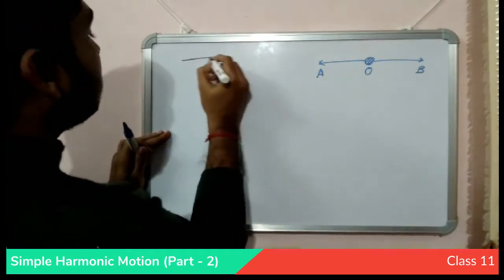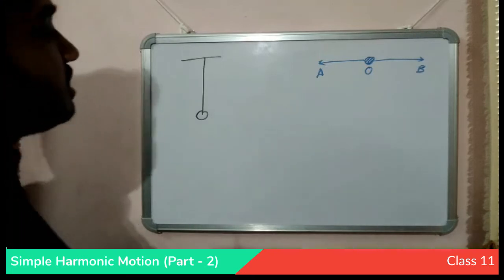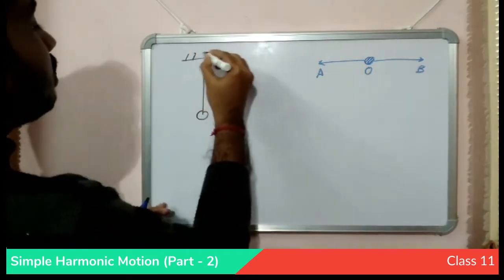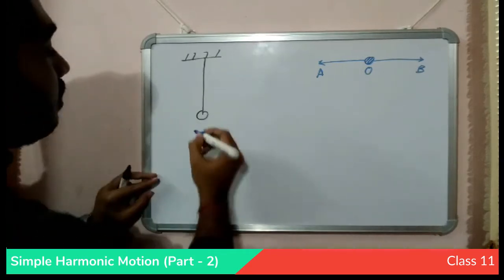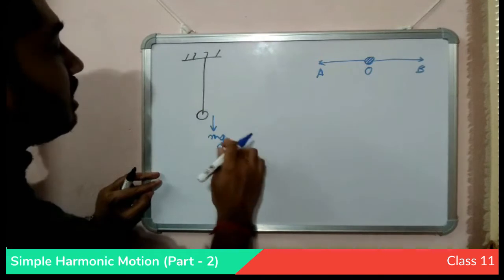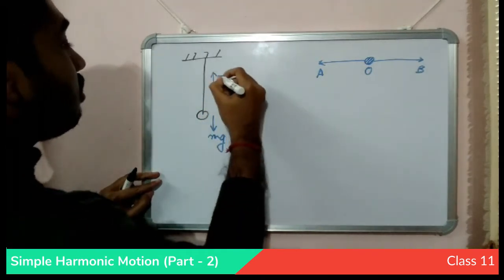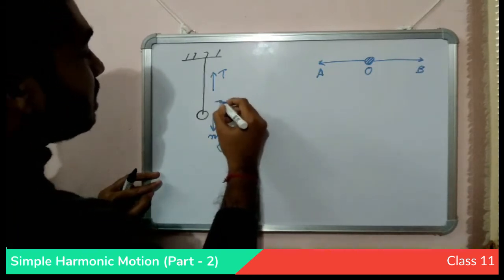Let's draw a diagram. This is our pendulum. When a pendulum is at rest, or at initial condition, the weight of the bob or the body, mg, and the tension on the string, T, balance each other.